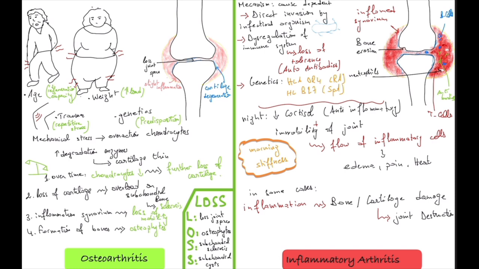It can lead to permanent joint damage if not properly managed over time. And that's the pathophysiology of inflammatory arthritis. Of course, osteoarthritis is due to a degeneration of the cartilage with an overactivation of the chondrocytes and an imbalance towards the breakdown enzymes due to mechanical stress, which explains why it gets worse with work and gets better with rest.